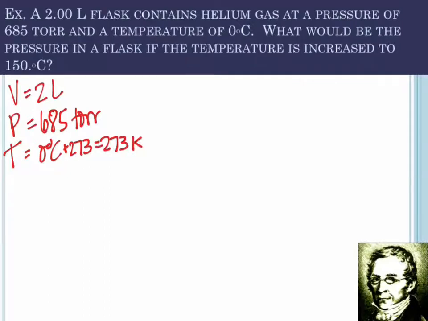What? I thought we could have 0 Celsius. We can't, so we added 273 to it. Now, we change, what's the pressure in that flask if the temperature is changed to 150 degrees Celsius plus 273?